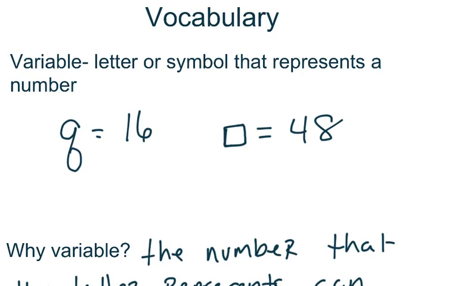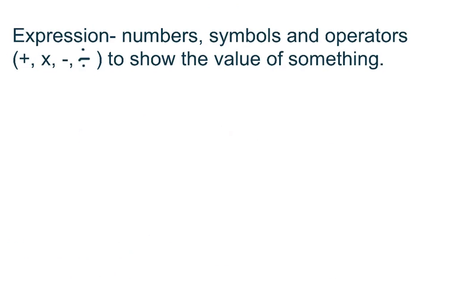So let's continue on with the rest of this vocabulary introduction. So now an expression. Again, this is just numbers, symbols, and operators, and remember these are our 4 basic operators, to show the value of something. And so let me show you an example of an expression. Like 2 times 3.